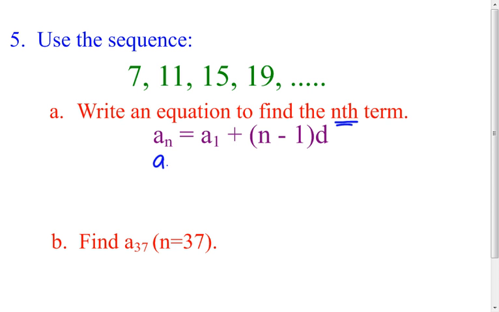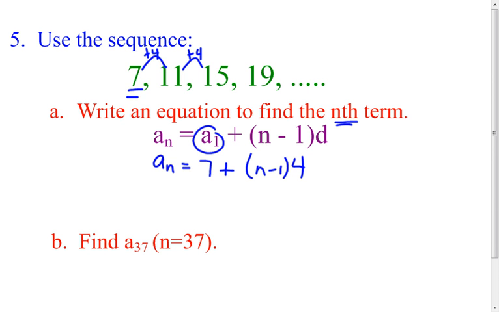Okay, so I'm just having you do an equals. A1 is the first term, which in this case we can see is 7. I am not wanting you to plug in a number for n here. And my D in this case, to get from 7 to 11, I add 4. From 11 to 15, I add 4. Okay, so I would do 4 right there. Then what I want you to do is just take that and simplify that for me a little bit.